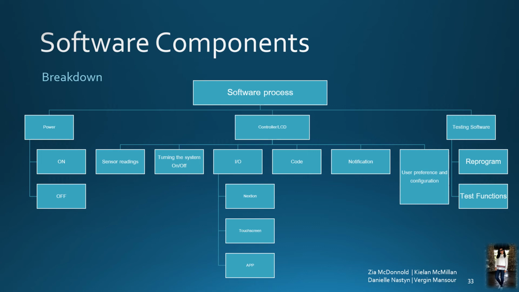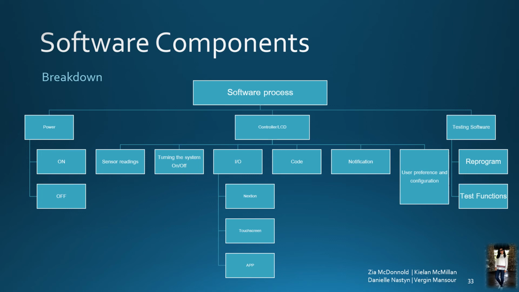Like I said, for the power aspect, the coding needs to turn the machine on and off, and then we can control it later on through the LCD controller, which means it needs to read the sensors, turn the system off and on, and handle the I/O, which would be the connection, touch screen, and the app as a stretch goal.